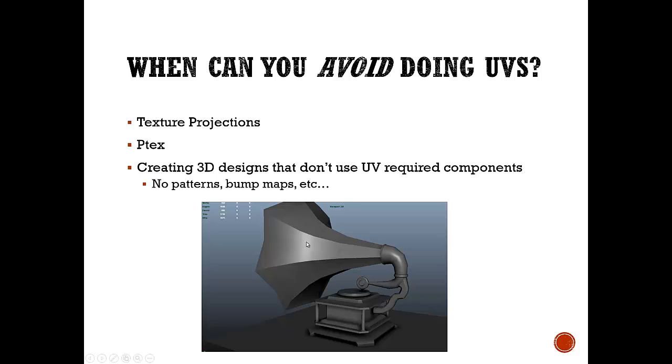In addition to that, you can do texture projections where you can project textures onto the object, and that can work for some cases. And if your object isn't warping or moving, you can achieve some sort of texture pattern on the object without having to worry about laying out your UVs.